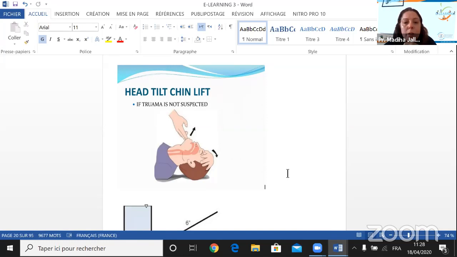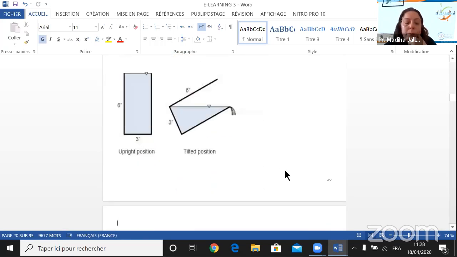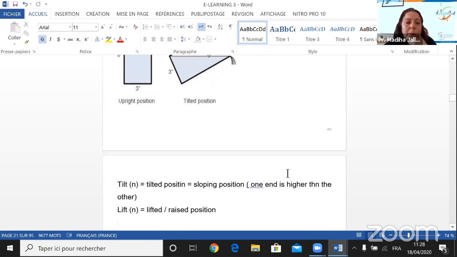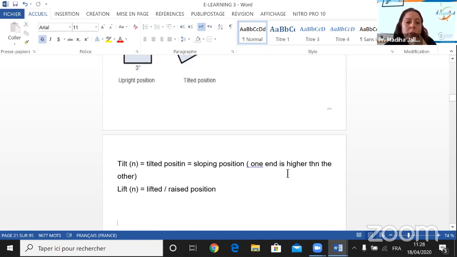Okay, so we say to open the airway. Here I explained the meaning of tilt. A tilt is a noun here. It can be a verb, but here it's a noun. Tilted position or sloping position, so one end is higher than the other. And lift is a raised position.